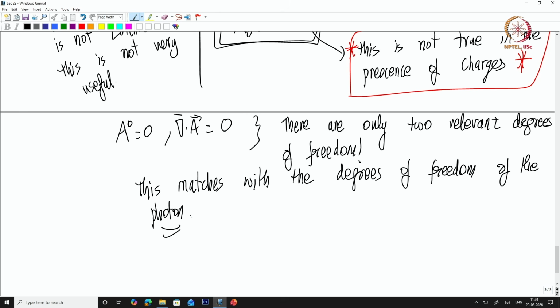So, this is the main advantage of studying the Coulomb gauge.